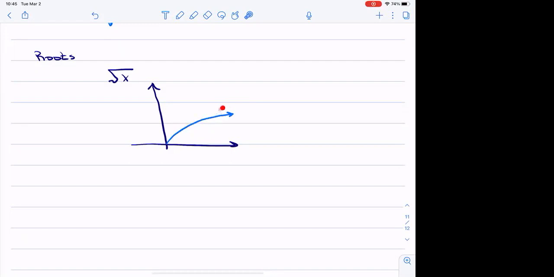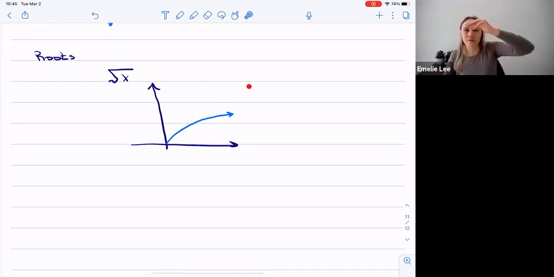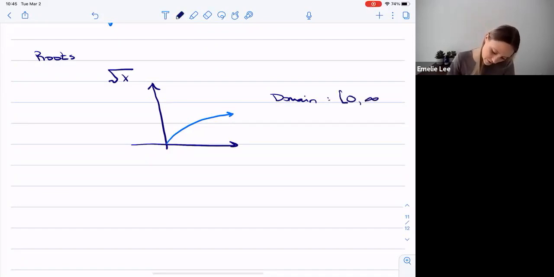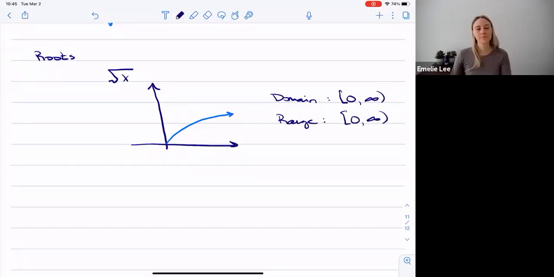It's going to bottom out at 0, since I can take the root of 0. So the domain is from 0, including 0, to infinity, and the range is also from 0 to infinity. So those are just some common domains and ranges.